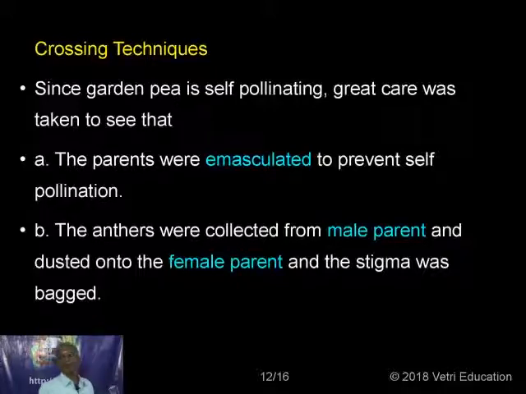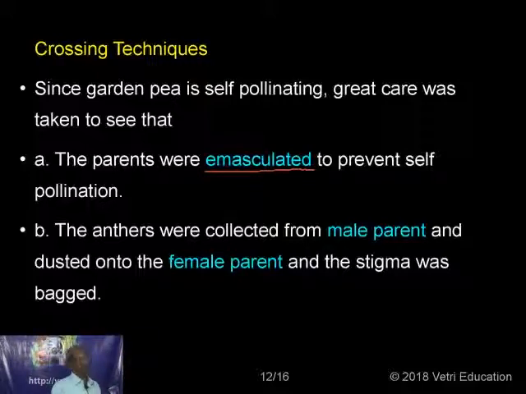So now in this I am giving you some of the crossing techniques. This I have already explained to you. But anyhow, I will just give you a faster reading. Since garden pea is self-pollinating, great care was taken to see that the parents were emasculated. Removing the male sex organ is called emasculation.